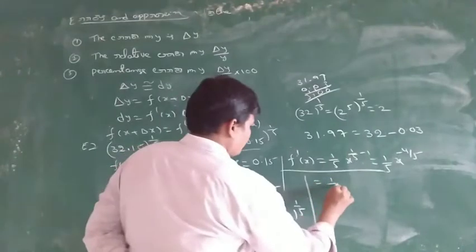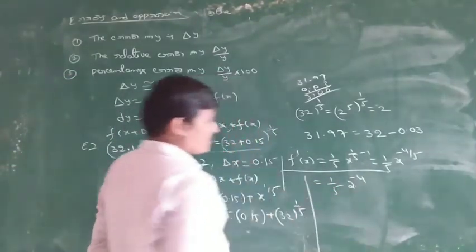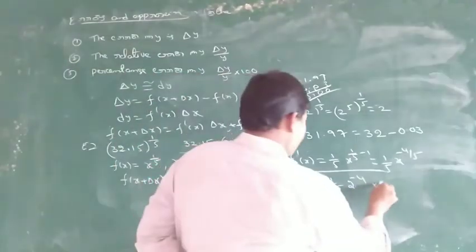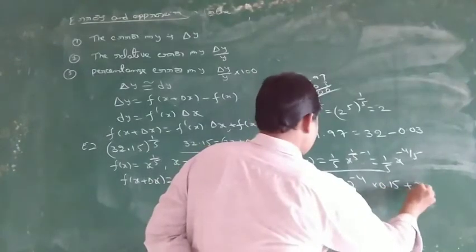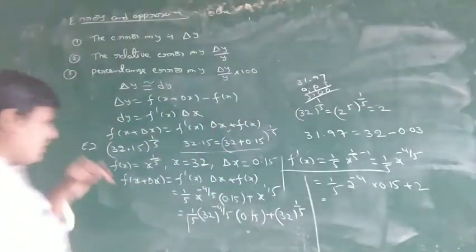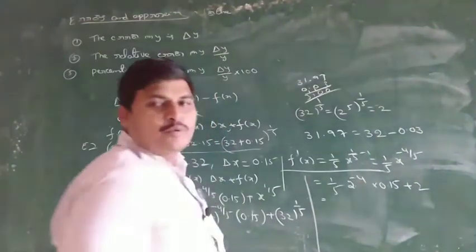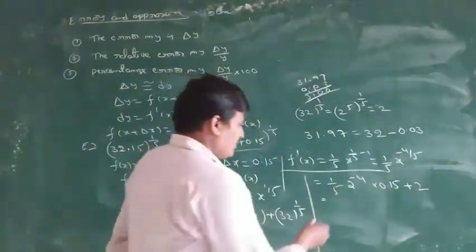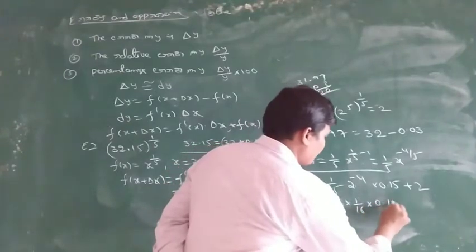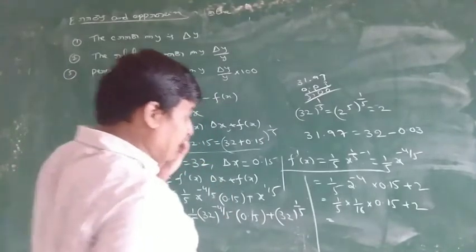That is equal to 1 by 5 into 2 power minus 4 (2 power 5, the 5 cancels) into 0.15 plus 2. 2 power 4 value is 16, so 2 power minus 4 is 1 by 16. So 1 by 5 into 1 by 16 into 0.15 plus 2. So 1 by 80.